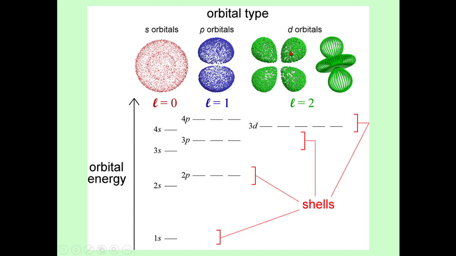So that is why, when needed, or when stability is needed, it is very easy for the s orbital to give an electron to the 3d orbital of chromium or the 3d orbital of copper.